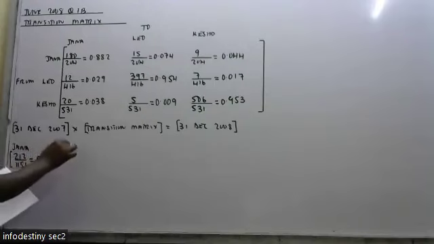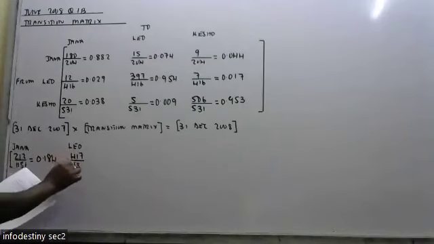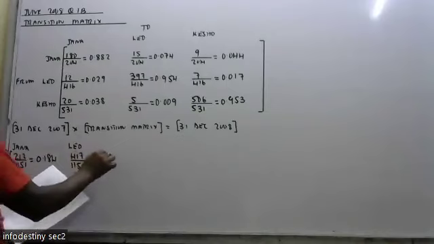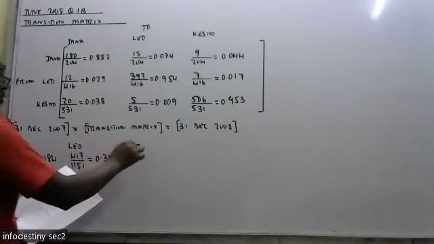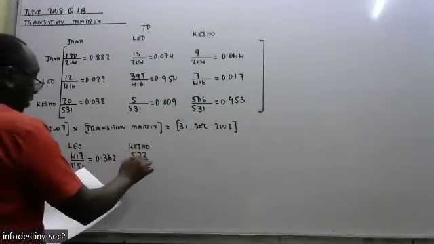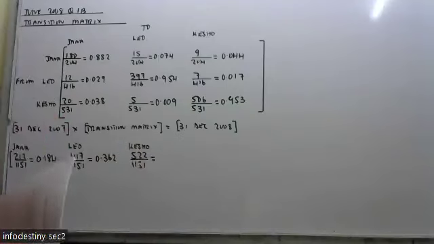Then you do the same thing for Leo, which is 417. You divide by 1151. So 417 divided by 1151 is 0.362. And then when you come to Kesho, it is 522. You divide by 1151. You have 0.454.